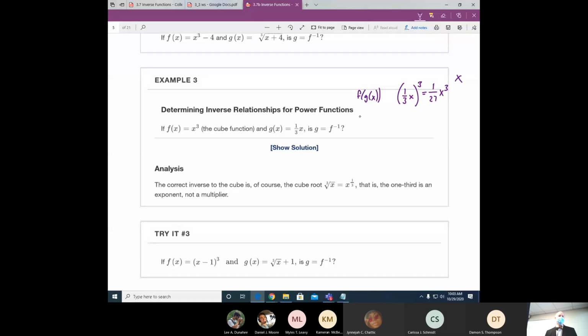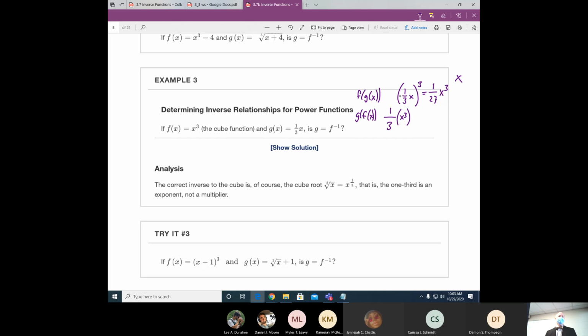Let's test it the other way. G of f of x, well, what does g do? G takes 1/3 of its input, and its input is x cubed. Is that a 27 underneath here? Yep, that's 27. You got that just from cubing the 3.